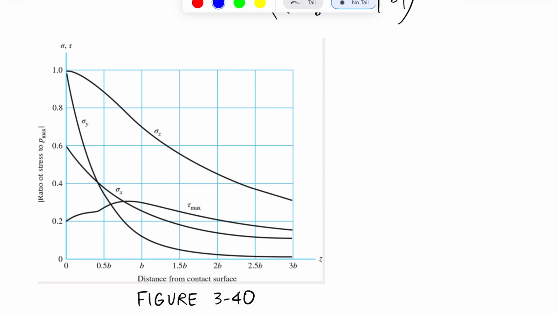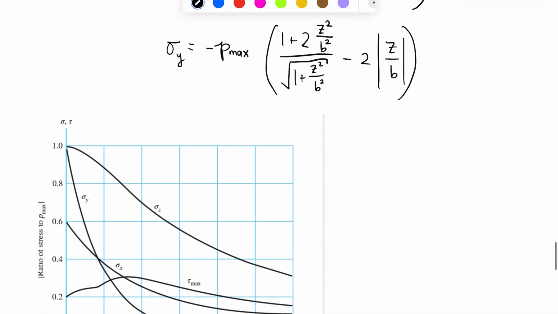So if we are thinking about how to write our maximum shear stress equation, we know that our maximum shear stress is going to be sigma 1 minus sigma 3 over 2. And for a time, that is going to be sigma x minus sigma z when we're on this side of the graph.